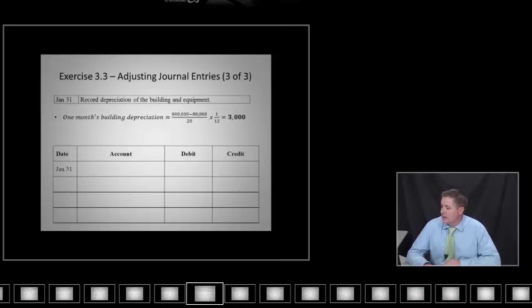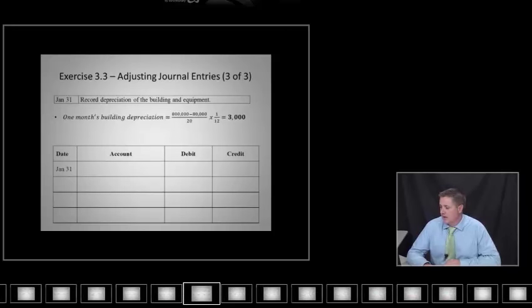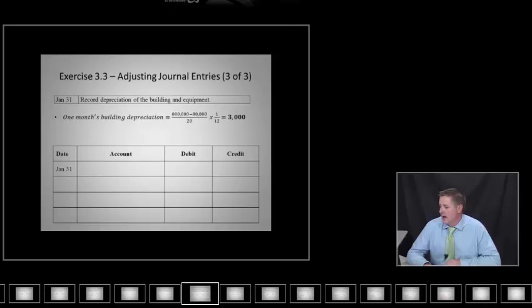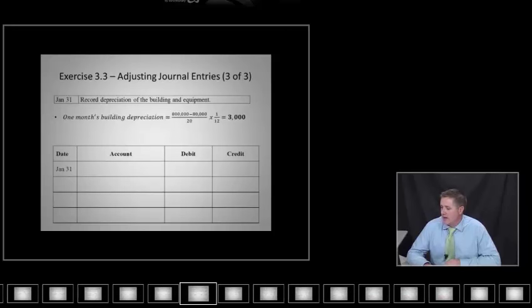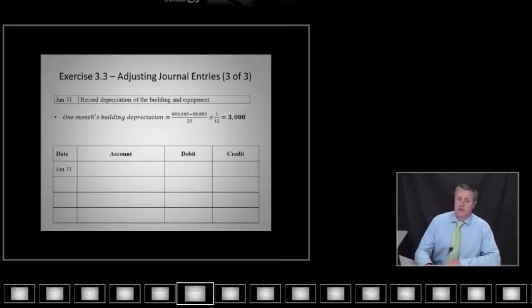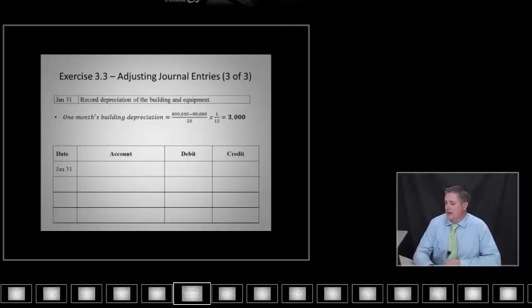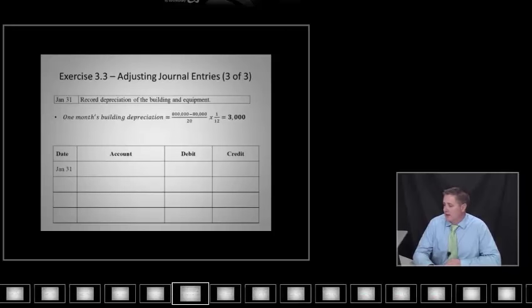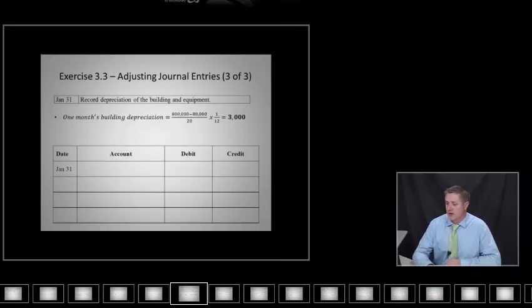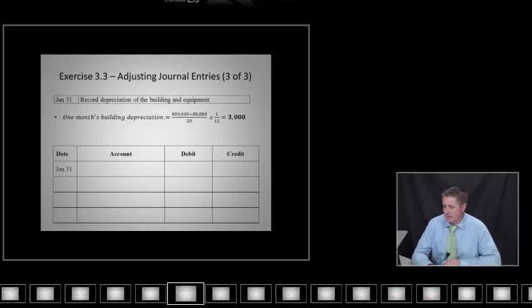Okay, and so to get 1 year's worth of depreciation expense, we would take the acquisition cost minus the salvage value divided by the number of years. That would give us 1 year's worth of depreciation. But since we're looking for 1 month's worth of depreciation, we need to take that times 1/12, and so that's going to be $3,000 per month depreciation related to the building.